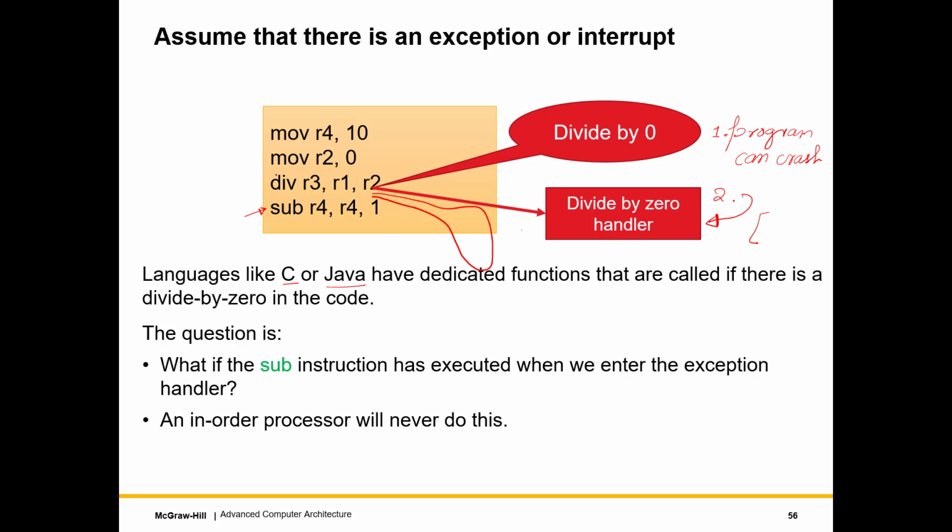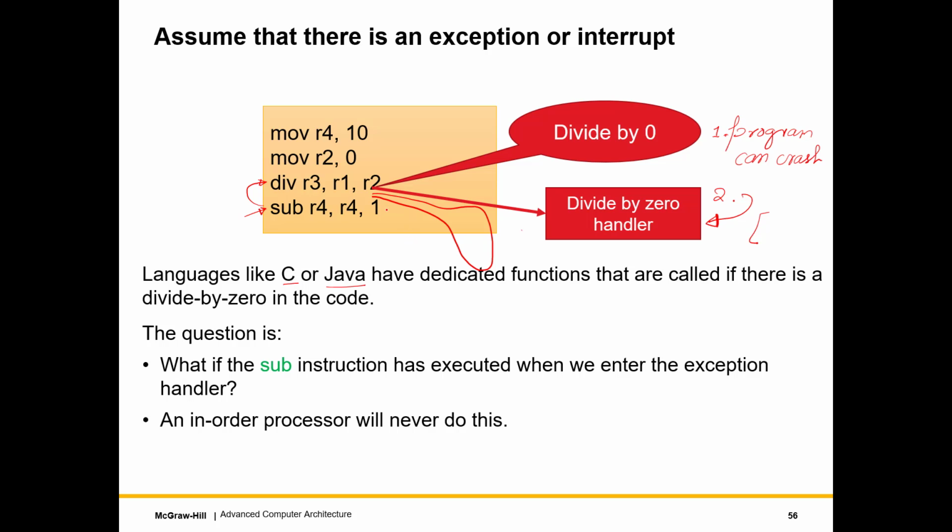What about the subtract instruction, right? In an out of order processor, it is very well possible that these instructions could have been reordered. So it is possible that the subtract would have completed its execution, written the value to R4, and then since the execution is out of order, the divide instruction would have executed, had a fault, and gone to the exception handler.